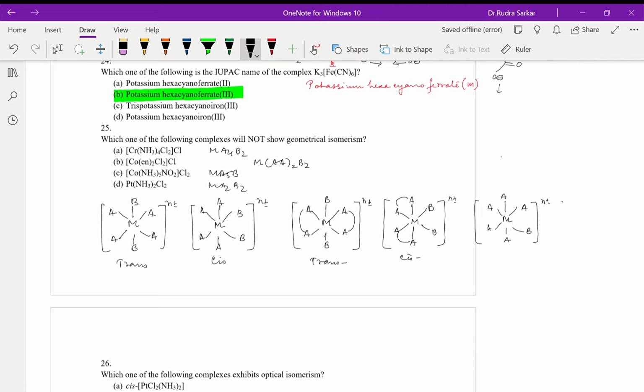And for the last complex, complex number D, there can be two possible arrangements. The first one I am drawing right now is trans, and the second will obviously be the cis. So obviously our answer here is going to be C.